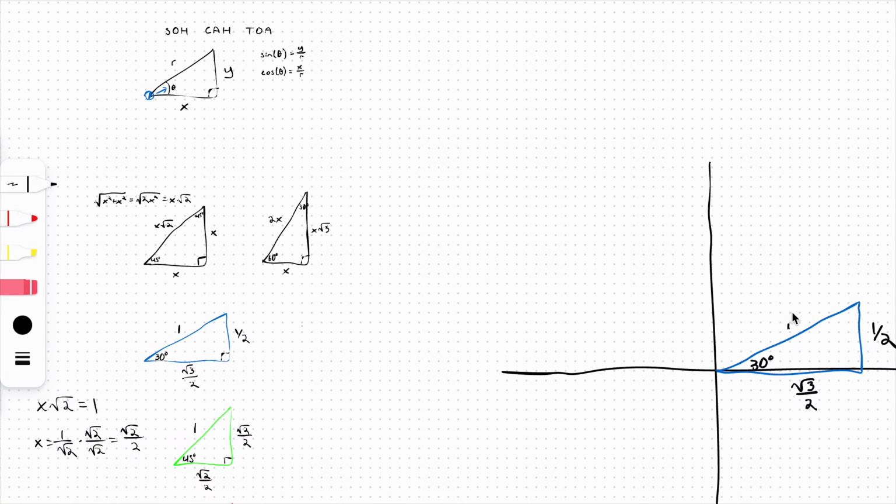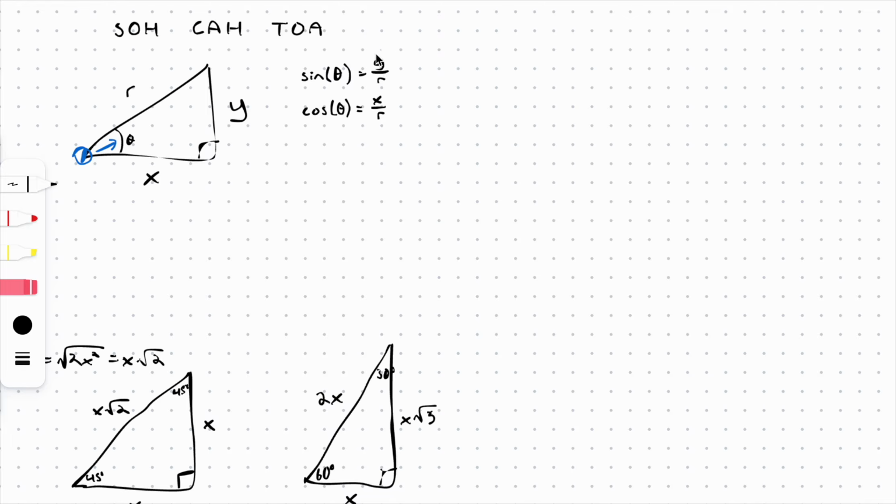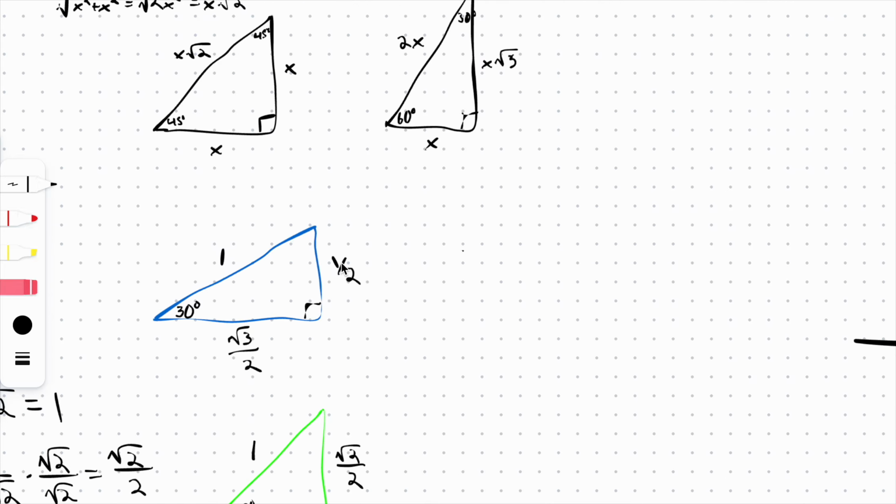I'm going to take a second to stop. Remember how we said, in this case, sine is equal to y/r. So this opposite side over r. In this case, if sine of 30 degrees is y/r, that means 1/2 over 1. Anything over 1 is just itself. So sine of 30 degrees is going to be 1/2.